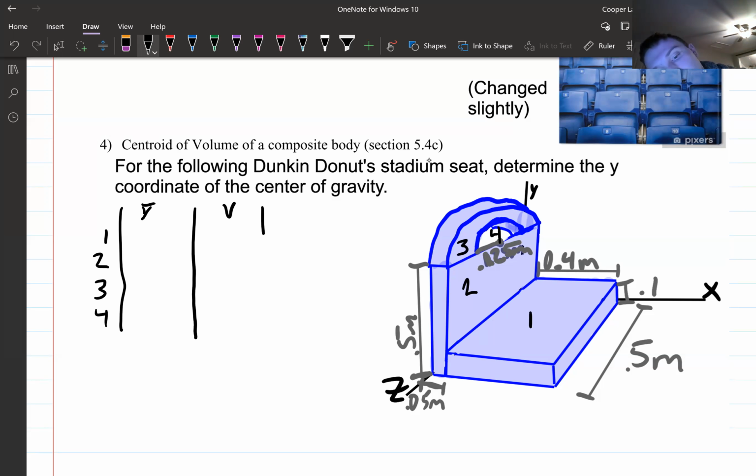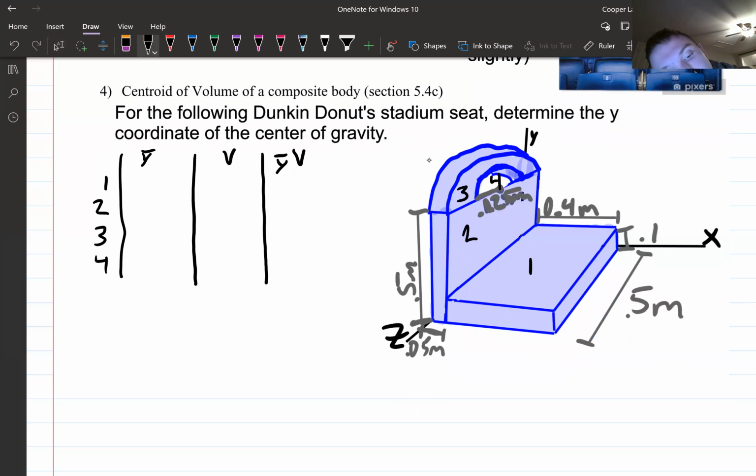And lastly, I'm going to label y bar times v, because ultimately, in order to get our y-coordinate of center of gravity for all of it, we are going to do sigma y bar v divided by sigma v, and that is what y bar will equal. So now I'm going to get started on this.